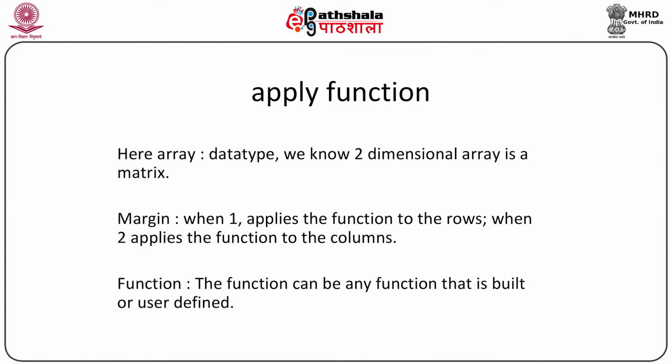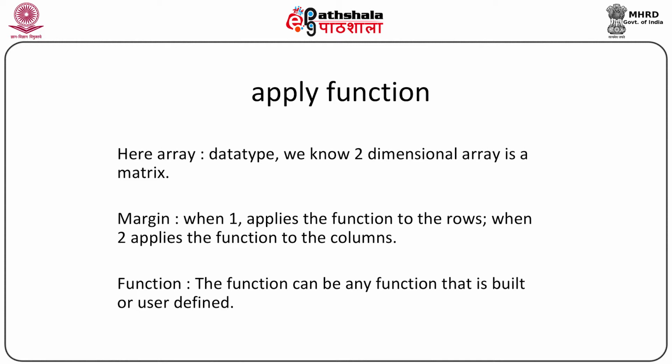The function can be of any kind, it might be built-in or it might be a user-defined function in R. And the dots in the apply function refer to any other arguments that are passed to the function being used. Now, it should be noted that in R, the apply function internally uses a loop.